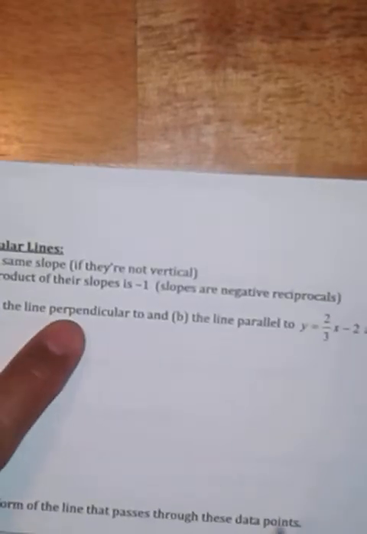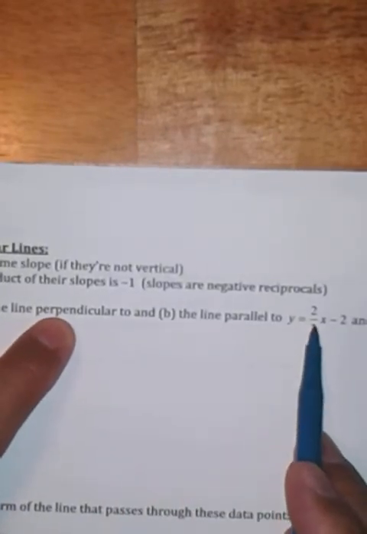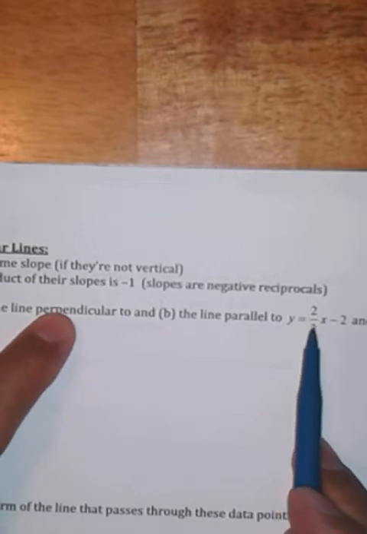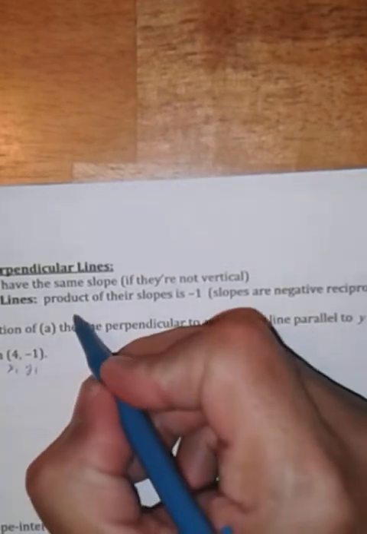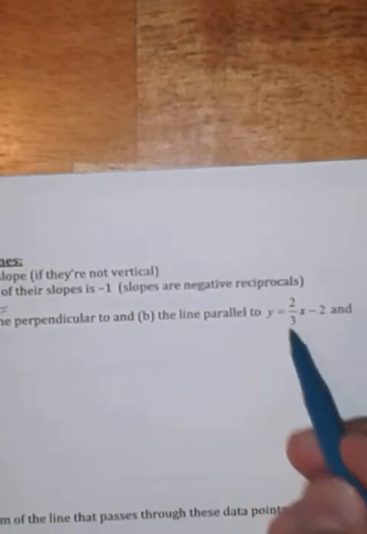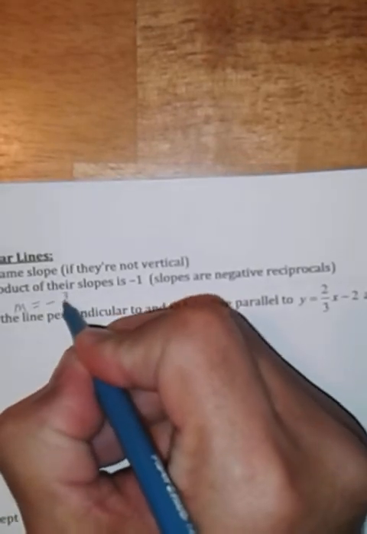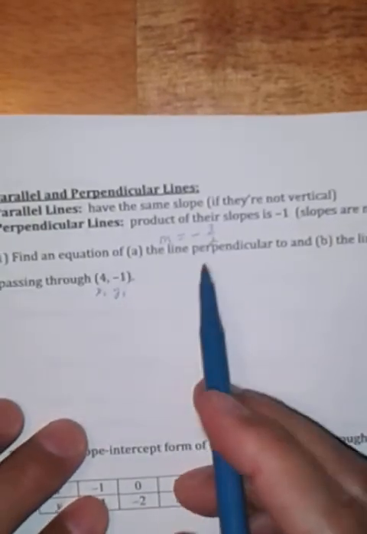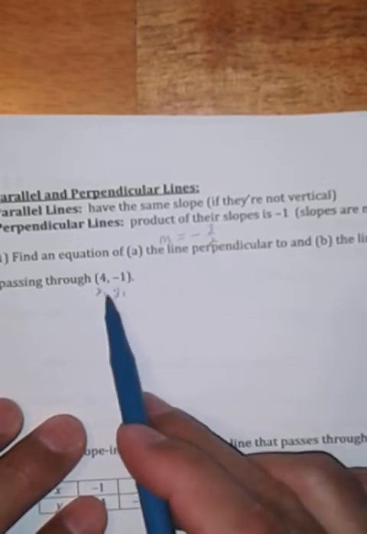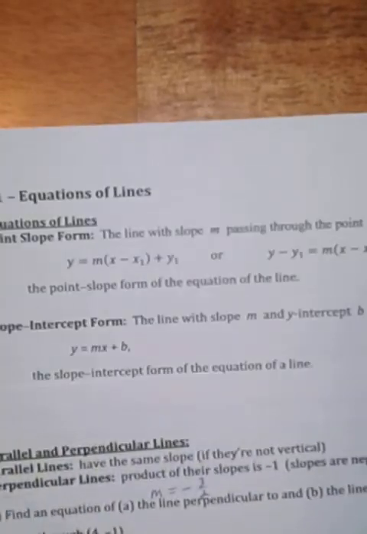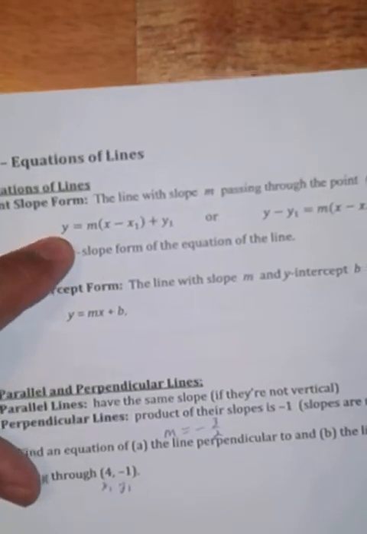Okay. Then we need the slope. So do we know the slope of a line perpendicular to this line? Well, the slope of the perpendicular line has to be the negative reciprocal of 2/3. So the slope for this line is going to be -3/2. Okay, so I now have the slope and the point on the line. So I'm going to write it in this way: y equals m times x.